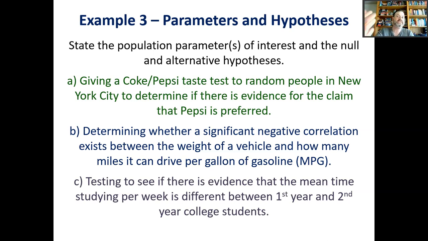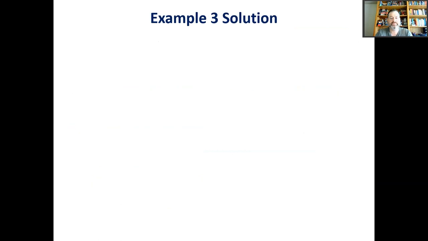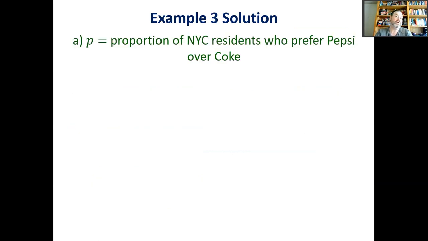And then we have to state what the parameter is. Like, what does it mean? Well, P is the proportion of New York City residents who prefer Pepsi over Coke, right?